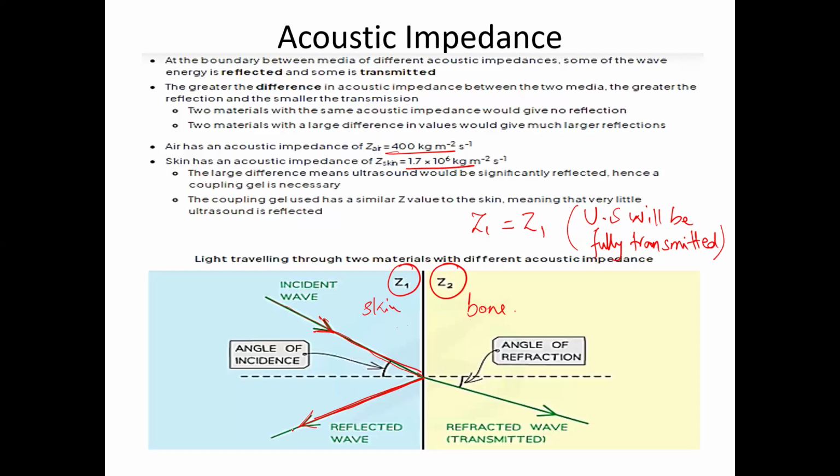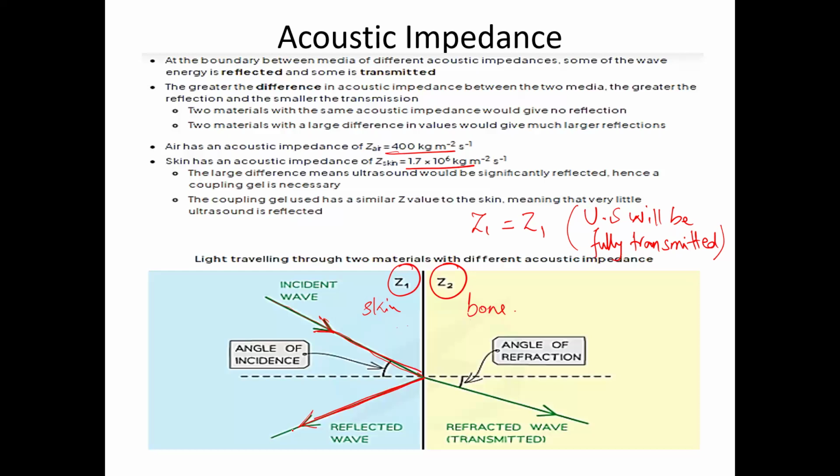The acoustic impedance of the coupling gel and of the skin is the same, due to which all of the ultrasound waves are transmitted, fully or to the maximum level. So maximum ultrasounds are going to get transmitted.